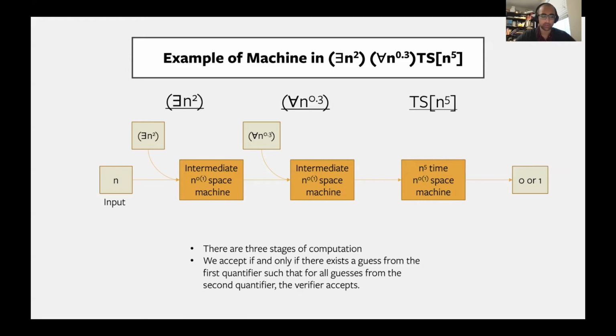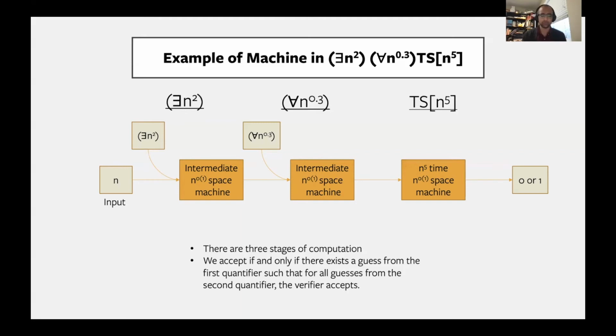The one thing worth stating is that for the purpose of this talk, you can pretend that the runtime of the intermediate space machines is smaller than the runtime of the last machine. So basically the intermediate machines are fast enough that they're not really going to affect the runtime, and you shouldn't worry about them. I'm also going to be pretty sloppy with big O notation henceforth. If I say n squared, I might actually mean O of n squared, or if the notation says n to the 5th, it might actually mean O of n to the 5th.